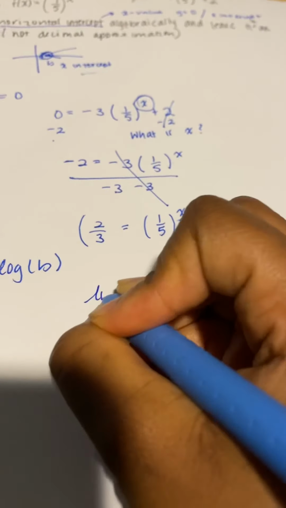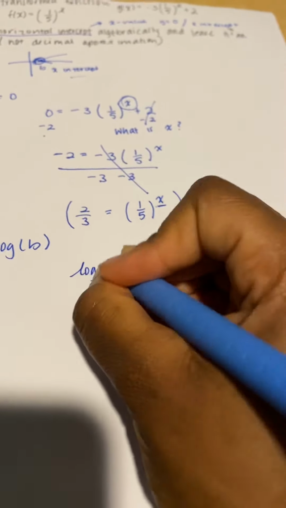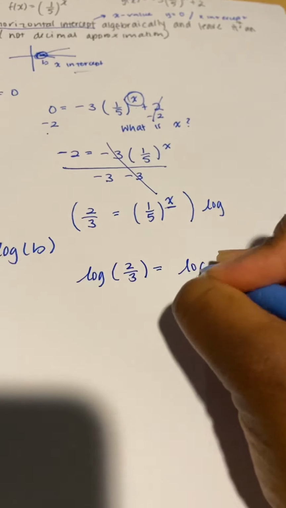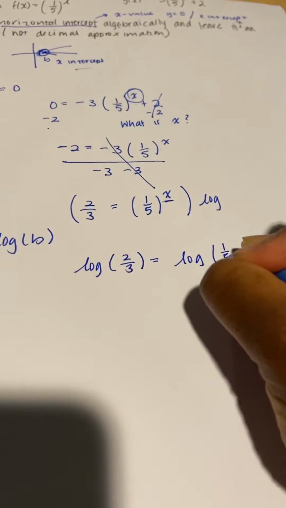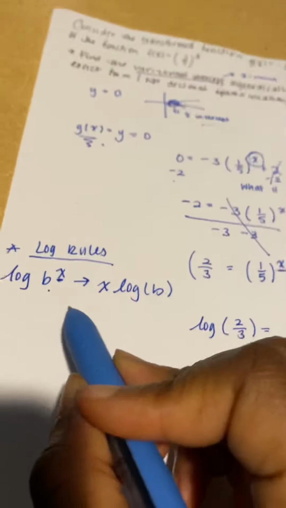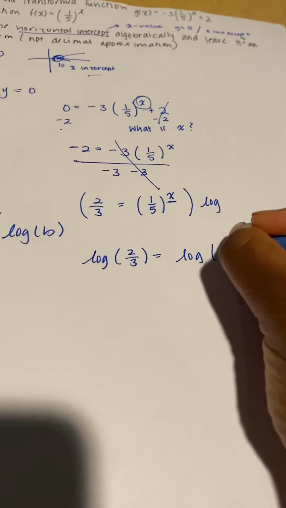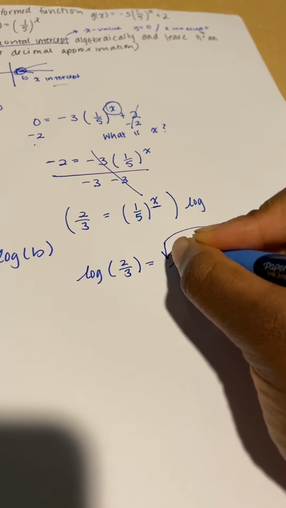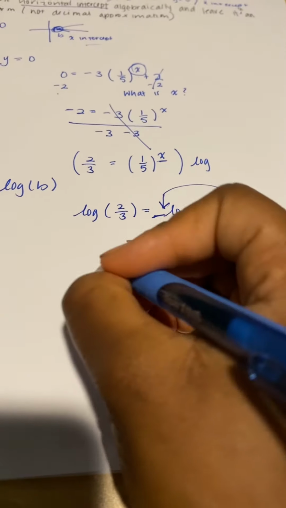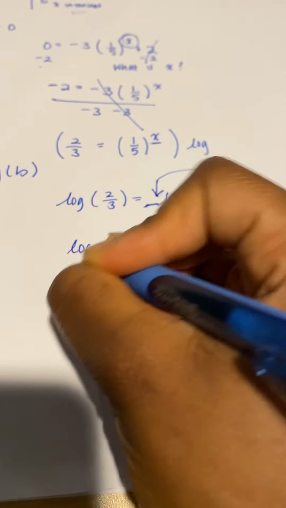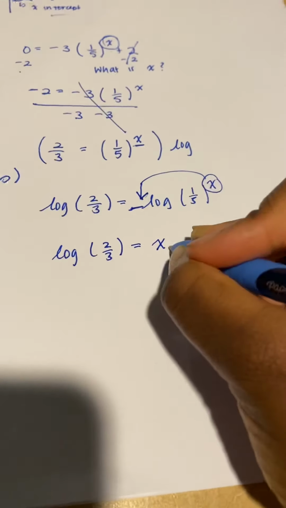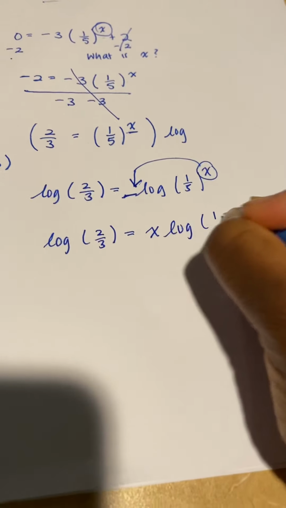So log of 2/3 equals log of (1/5) to the x power. And remember, because of this rule, we can bring our x to the front of the log. It is no longer an exponent. So now we have log of 2/3 equals x times log of 1/5.